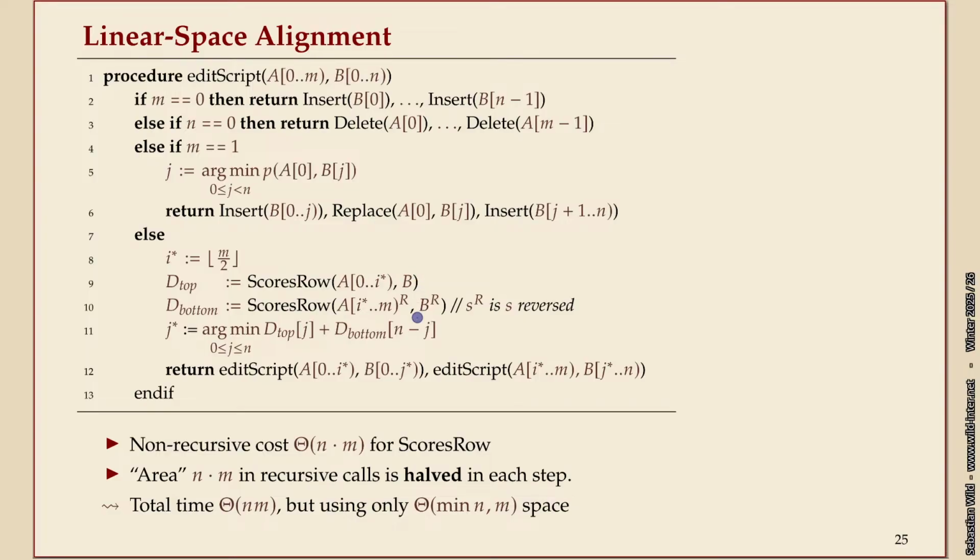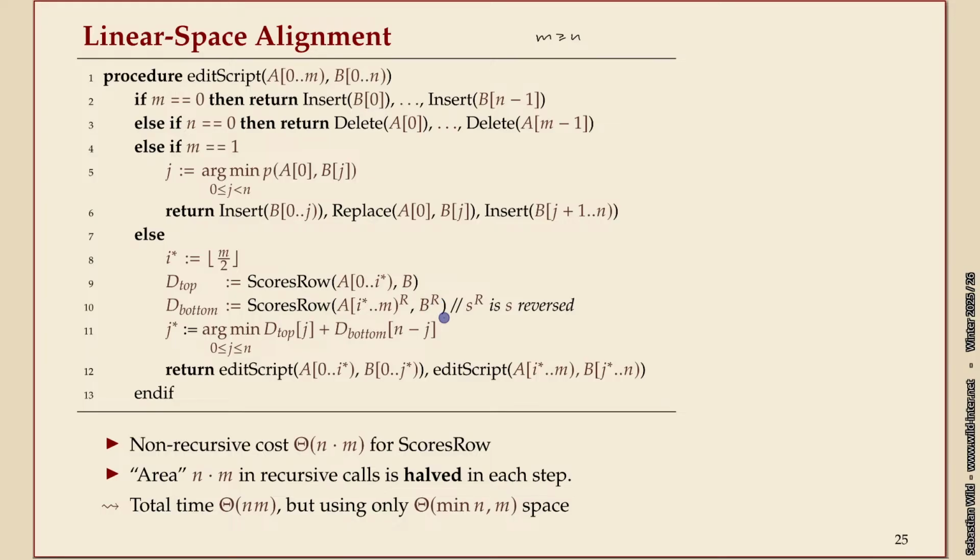So these two together have theta nm cost. That's for the computation, but the space remains linear in the number of rows. In all of this, I'm assuming that m is the bigger of the two strings. You can flip that if not. So we get the smaller of the two strings as the space complexity.